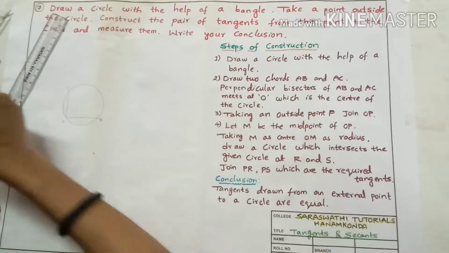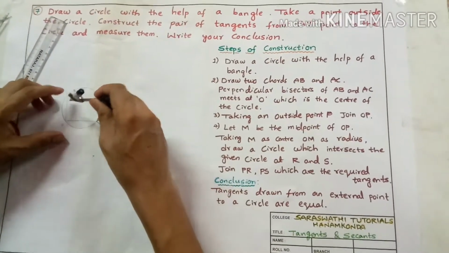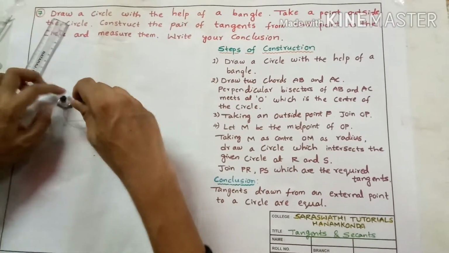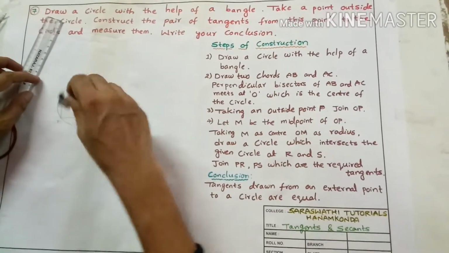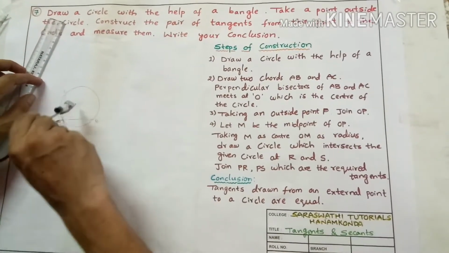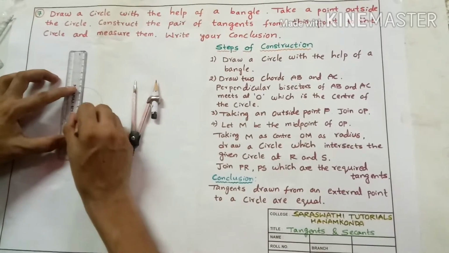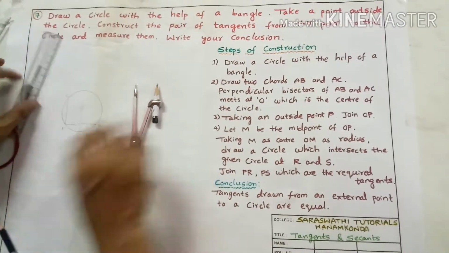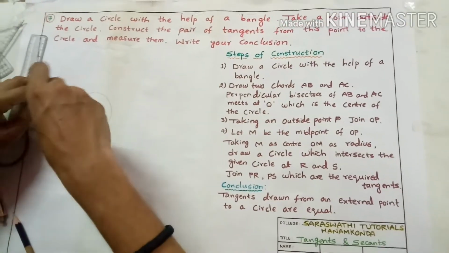Next, the perpendicular bisectors of AB and AC meet at a point. That means we have to draw perpendicular bisectors to AB and AC. First draw the perpendicular bisector to AB, taking more than half.